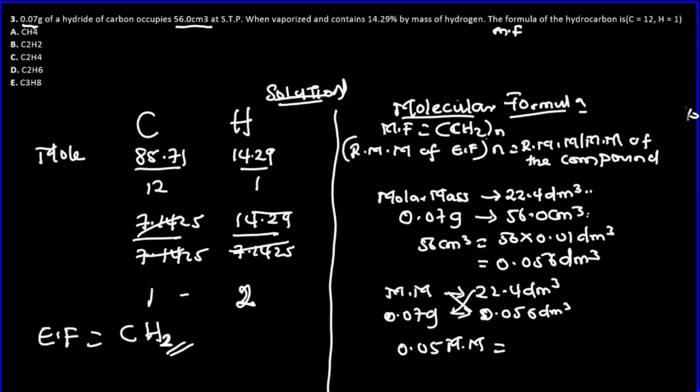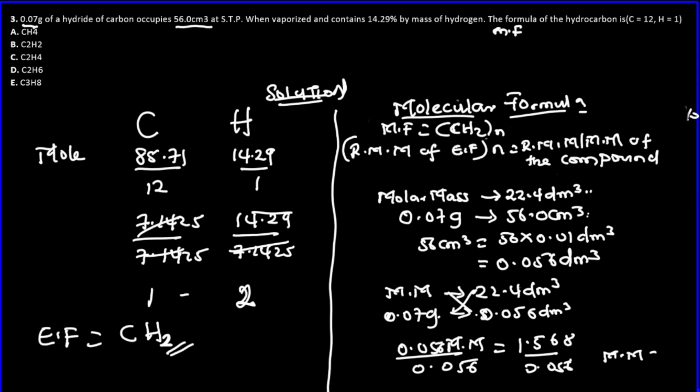When you cross multiply, you multiply this with this, and this with this. This gives you 1.568. Divide both sides by 0.056. 1.568 divided by 0.056 gives us 28.